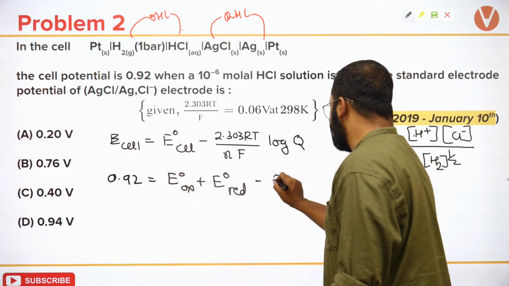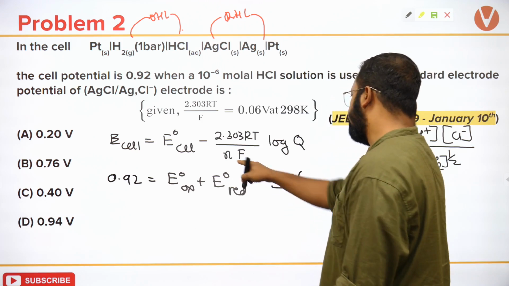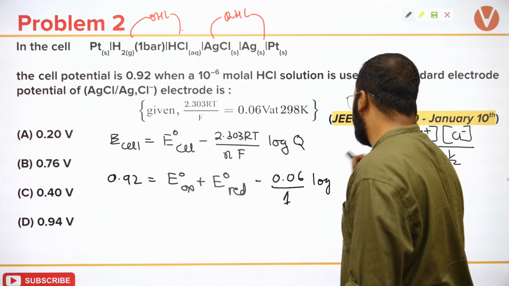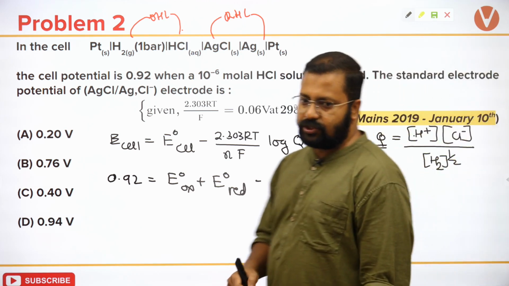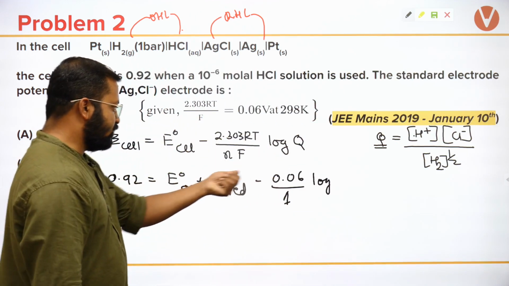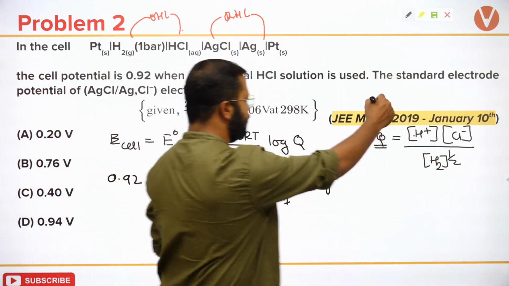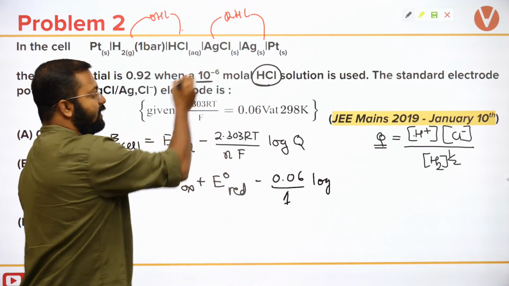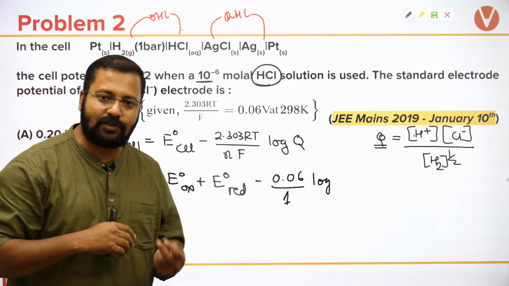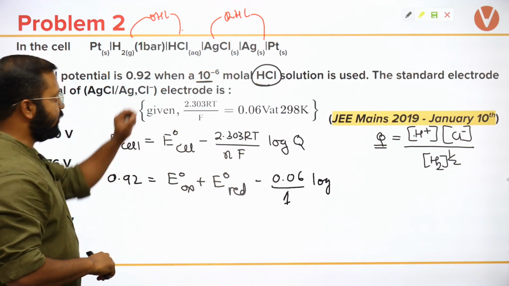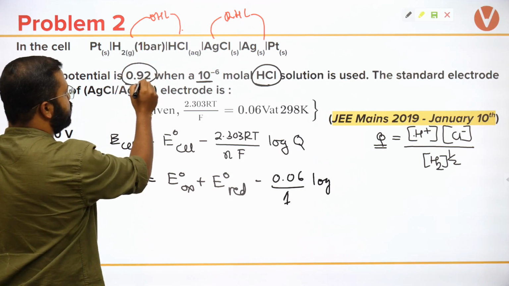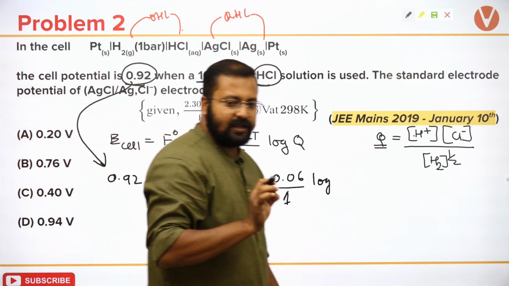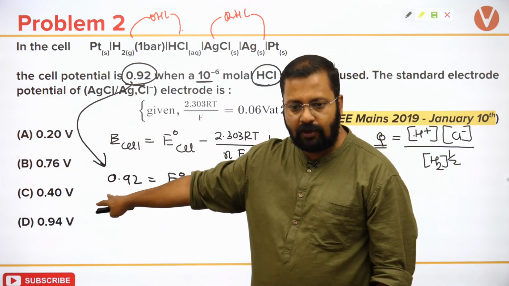This would be written as 0.06 upon the number of electrons which were exchanged, was 1. This is log of H plus ion concentration times Cl minus ion concentration. अब देखो यहाँ पे HCl कितना लिया गया है, 10 raised to minus 6 molal. Ignore my previous articulation. E cell is given as 0.92. मैं 0.92 value यहाँ पे रख दे रहा हूँ.